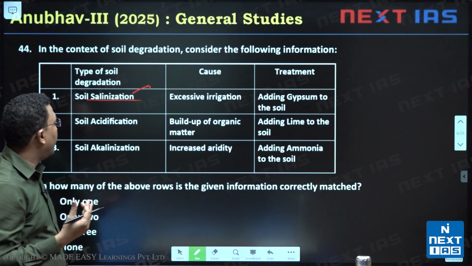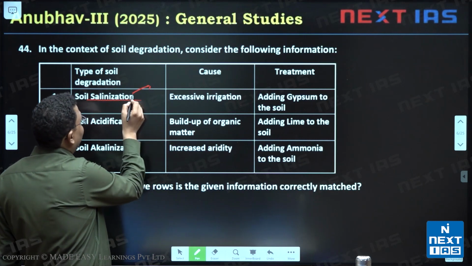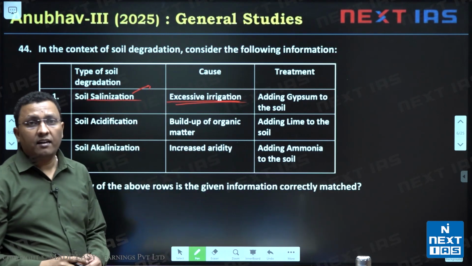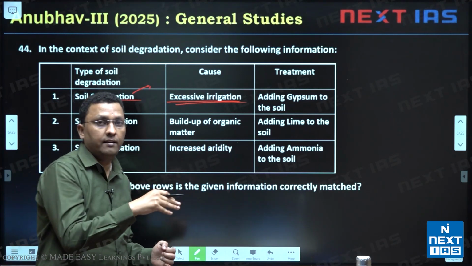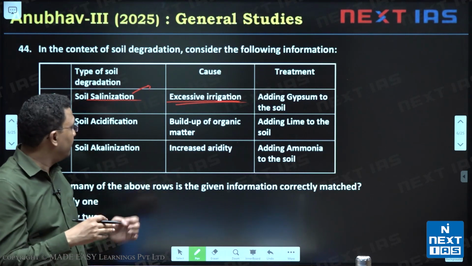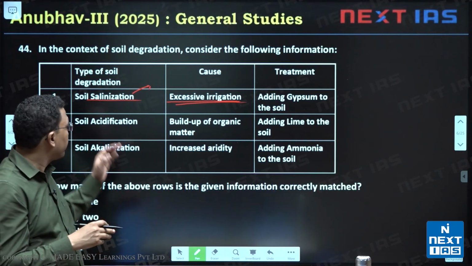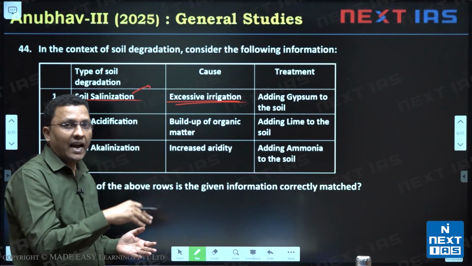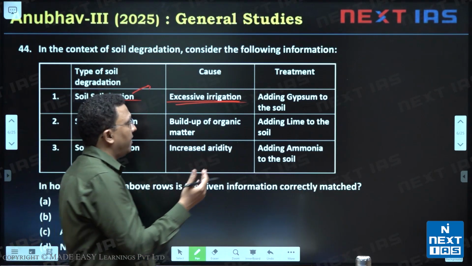But apart from that, one of the most prominent man-made causes of soil salinization is excessive irrigation. When we irrigate a soil, we are adding water from an external source to the soil. That irrigation water brings along with it some salt that gets added to the soil. When the irrigation is balanced, the salt added through irrigation water gets used by the plant and the soil.